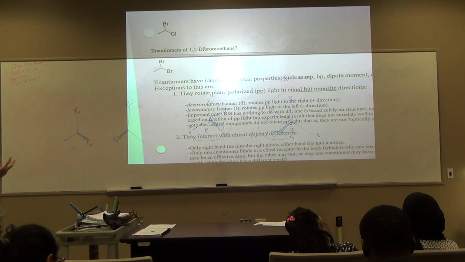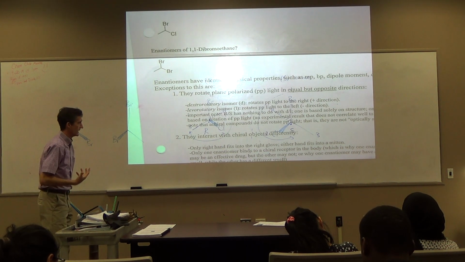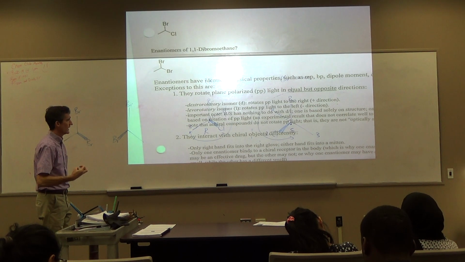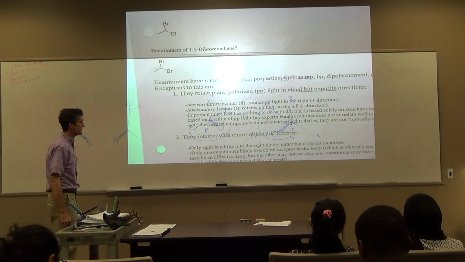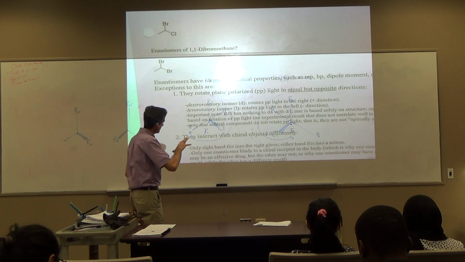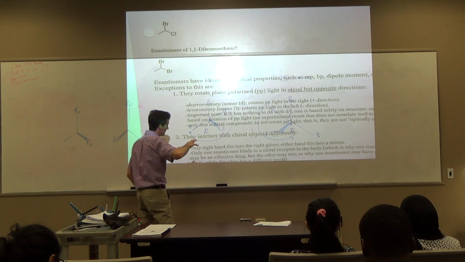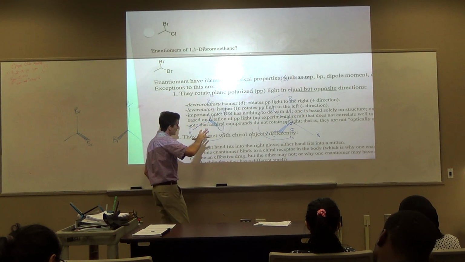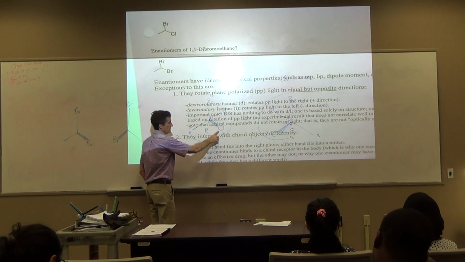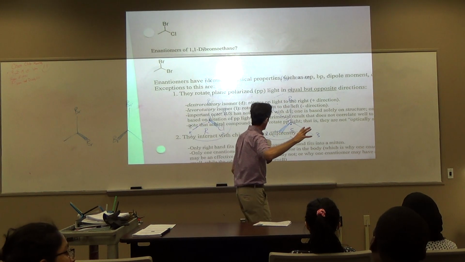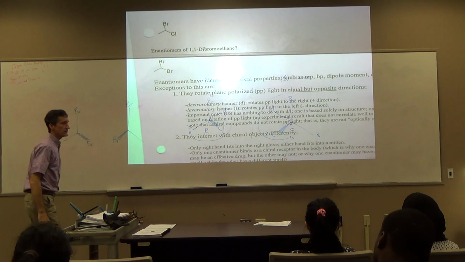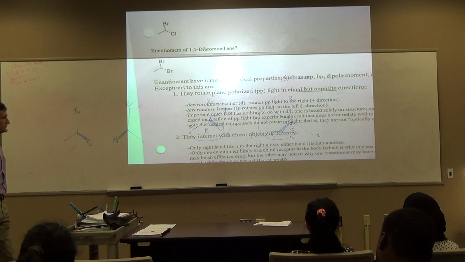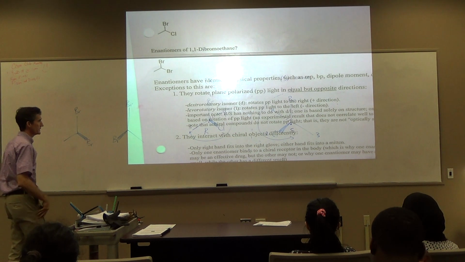And compounds have electrons, and the electrons will interact with the electric field of the light. And maybe that chlorine makes the light turn as it comes in here. The light is approaching, and the chlorine makes it go to the right. But this one, as it's approaching, the chlorine makes it go to the left. And so these molecules can bend the light differently. It's kind of a quirk of nature, but it makes sense.